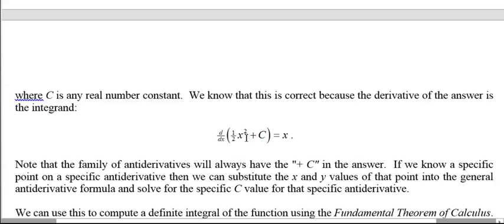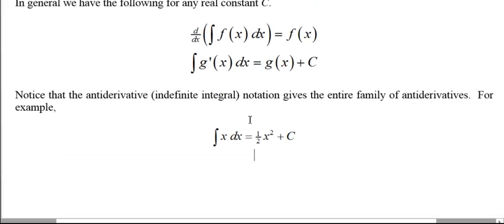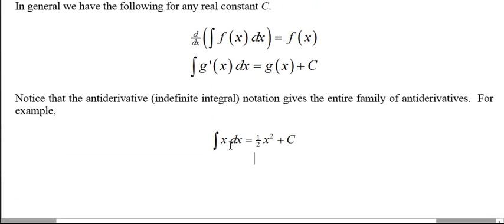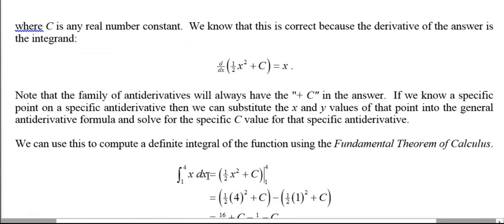That always happens. And then for the rest, we use the sum rule to break it into two parts, then the constant multiple rule and the power rule. So we get 2 times 1/2 is 1, the power goes down to 1, the derivative of c is 0, and so we just get x. And of course that's a pretty easy derivative to find, and we know that that is an antiderivative. So the family of antiderivatives will always have that plus c in the answer. So anytime you're doing an antiderivative or indefinite integral, we always have that plus c where c is some arbitrary constant.